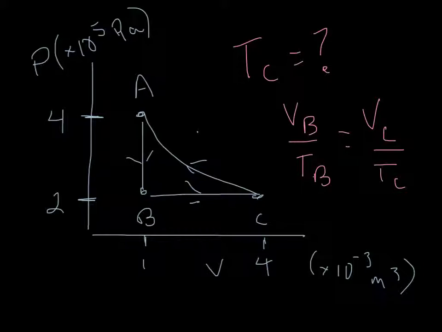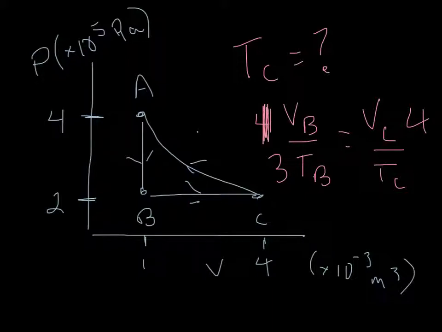Well, I know that V_B, I'm going to drop the times 10 to the negative 3rd because they're the same numbers. This is 4 divided by 3, and over here I have the volume at C, which is 4. The volume, I got something wrong. How about the volume at B is actually just 1.